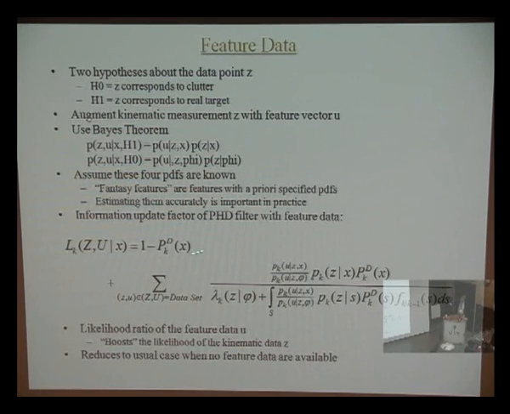The big bracketed term is this L, and it's 1 minus PD, as before, plus a sum over the data, this time over all the data, Z and U, and it's the same ratio as before. It looks a little more complicated now, but all that's changed is that I've added this little ratio in the numerator and the little ratio in the denominator. All that's changed is that I've stuck those two ratios into the problem.